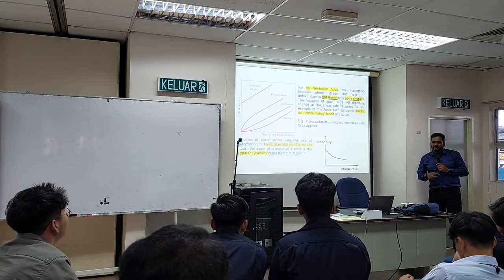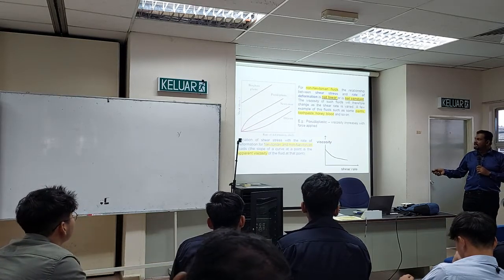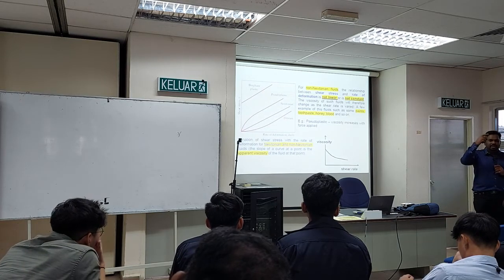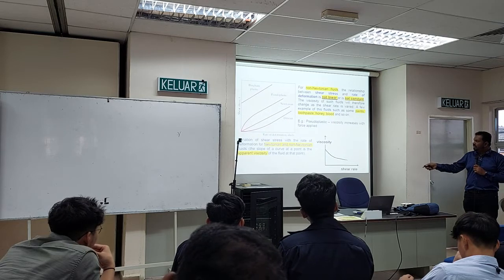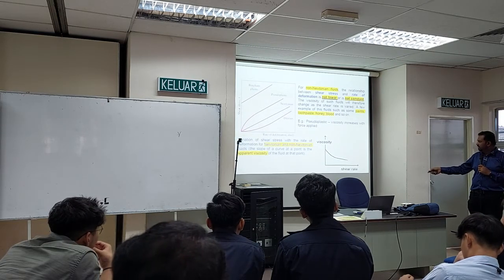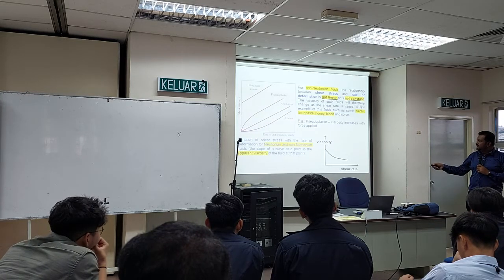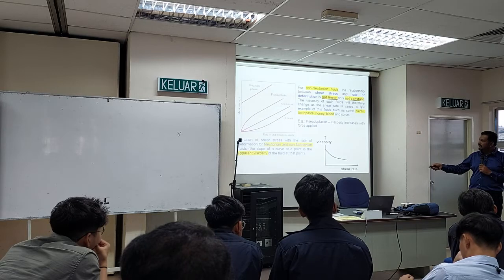Pseudoplastic, kenapa? Start dari origin, tapi bukan garis lurus. So it's a curve, meaning the gradient is not uniform. Sebab itu tengok dia menurun, sebab tak sama. So yang ni Newtonian fluid because it starts from origin and straight line.